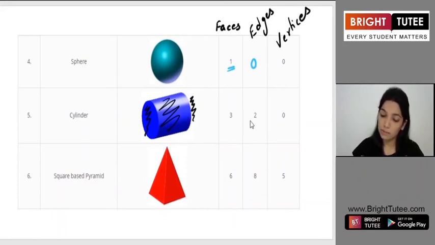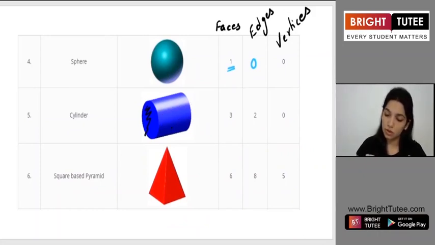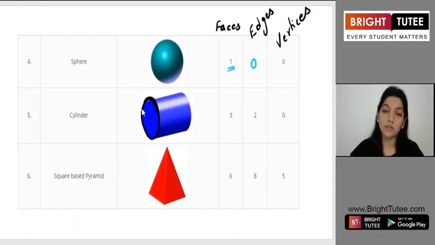Now coming to the number of edges. I hope you remember that in a cone we observed that here where we see the circular plate, this particular circular plate is making an edge with this rotating face. So here we see that this is an edge of our cylinder.